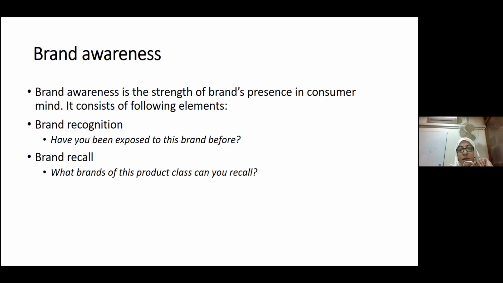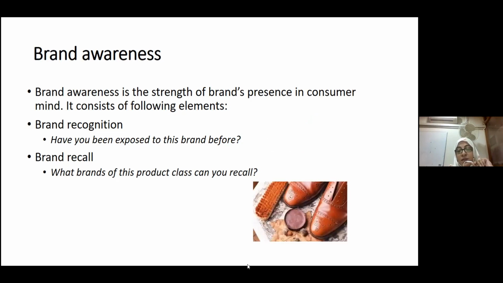For example, can you see this figure now in front of you? Which product category can we talk about by looking at this figure? Shoe polish. So if I ask you which brands of shoe polish you can recall, what names will come to your mind?